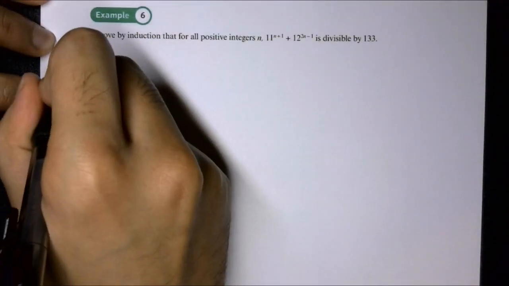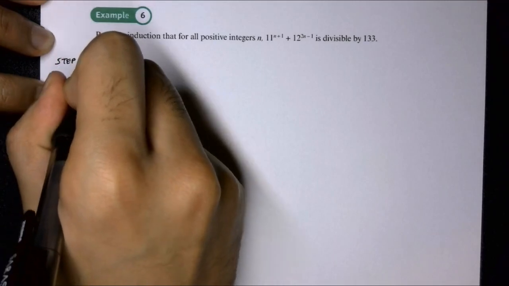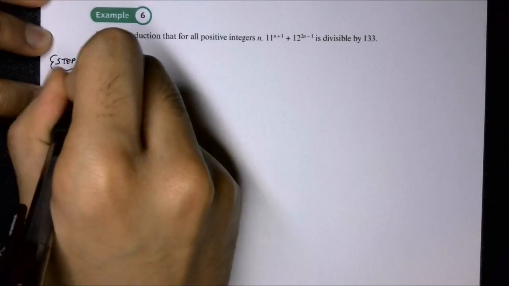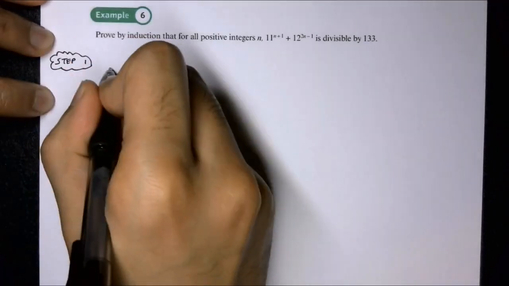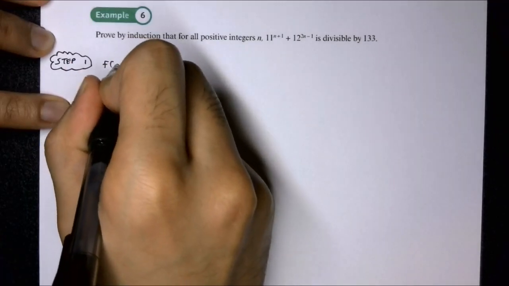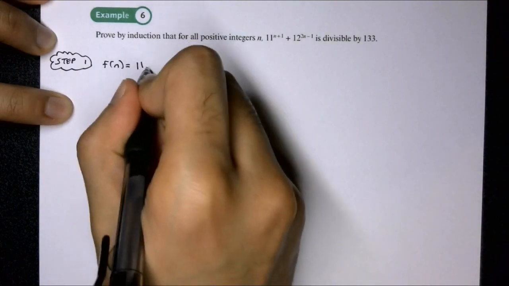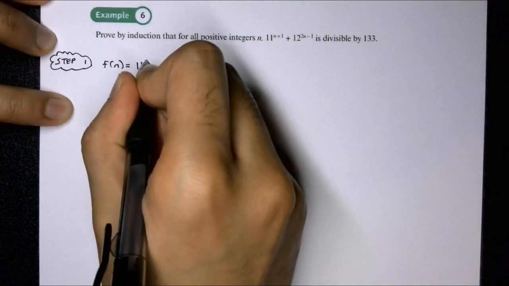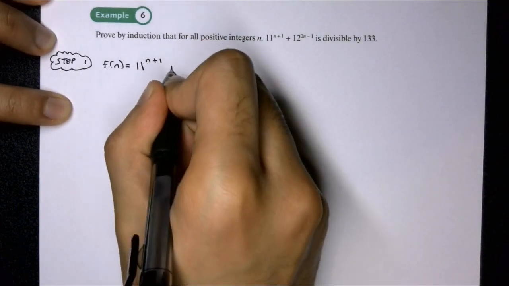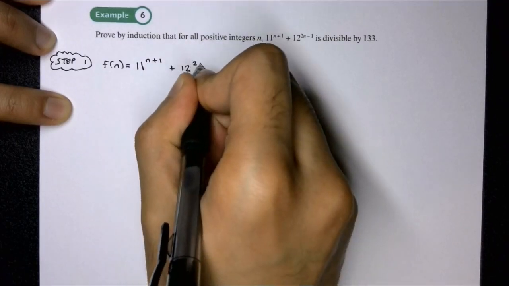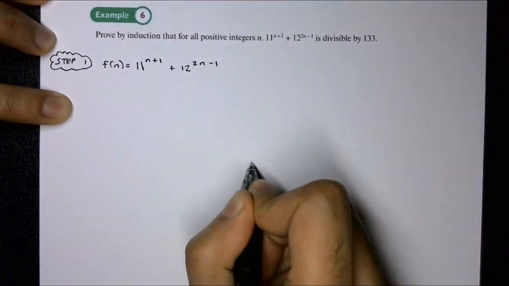For the first step, where we see what happens when n is equal to 1, we first of all let f of n equal this result here, 11 to the power of n plus 1 plus 12 to the power of 2n minus 1.